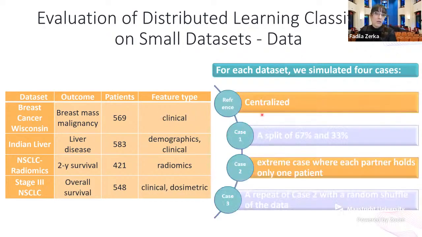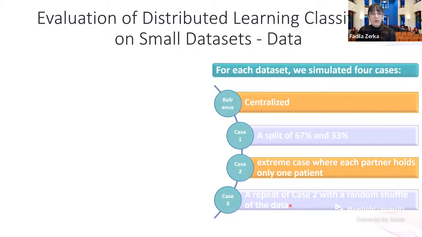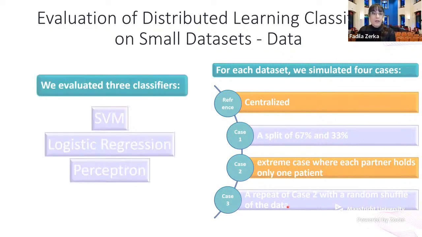The first is the reference use case, a centralized model, then a split into 2 partners. Then we evaluated the extreme use case where each partner holds only 1 patient. And then we also evaluated what a random shuffle of this data can have on the performance of the global model. All these use cases were run on 3 classifiers: support vector machines, logistic regression, and perceptron.